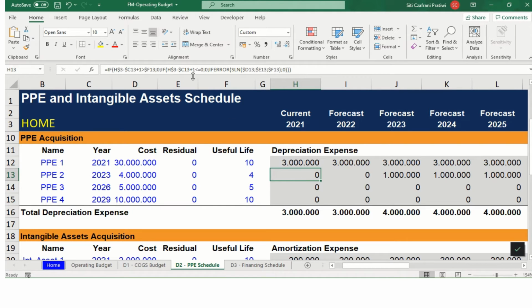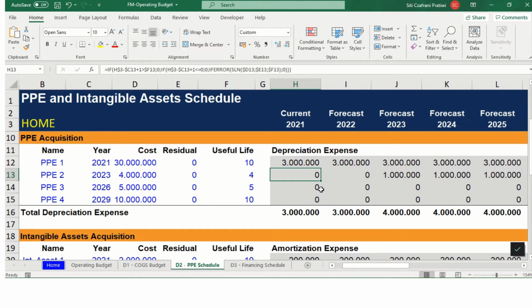Why? Because according to the argument here, if the current year, which is 2021 here, deducted by the acquisition year plus 1 is less than 0, the depreciation value is also 0.